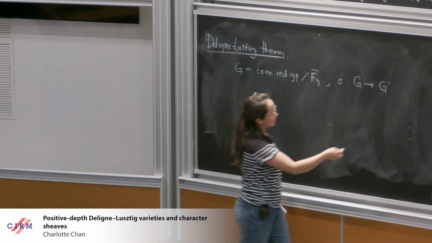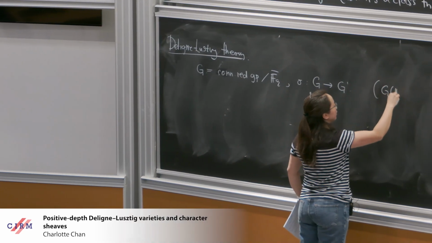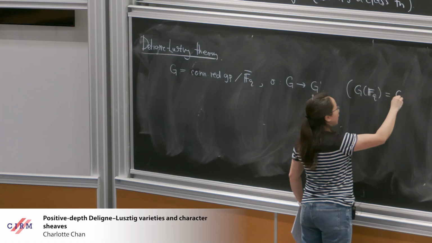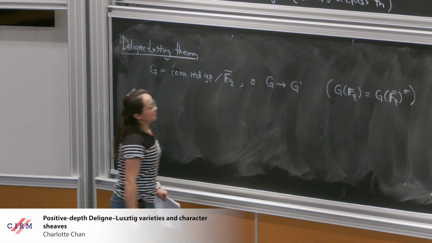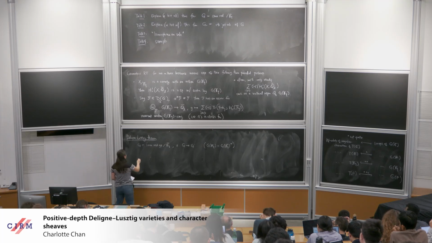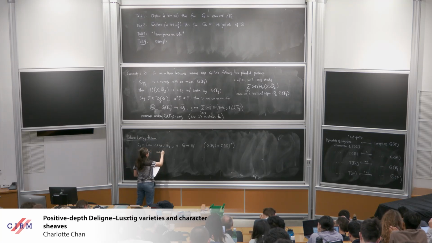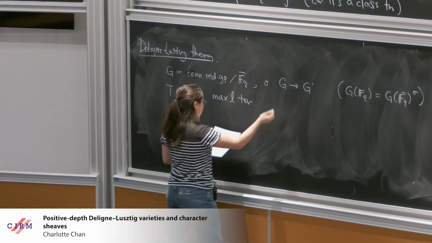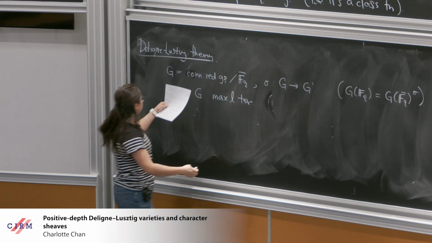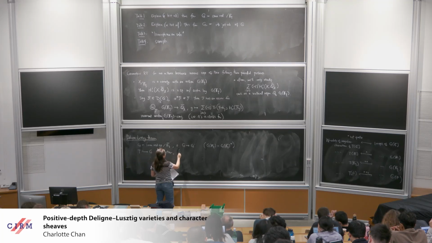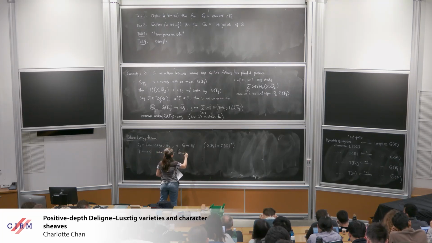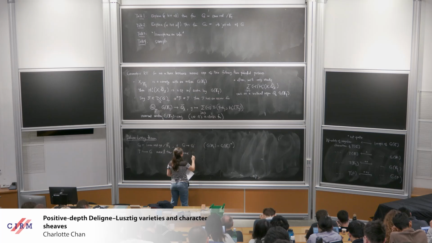And so if I write G of FQ, I'm meaning G of FQ bar, the sigma fixed points of this. And now I take T inside G to be a maximal torus. And so this means that T is a product of GMs. And we'll always assume that T is F stable, or a sigma stable.